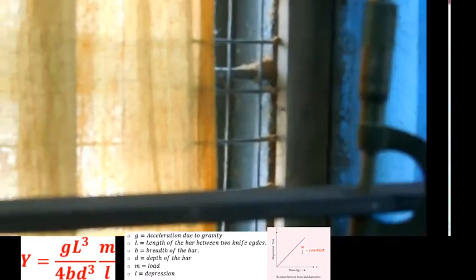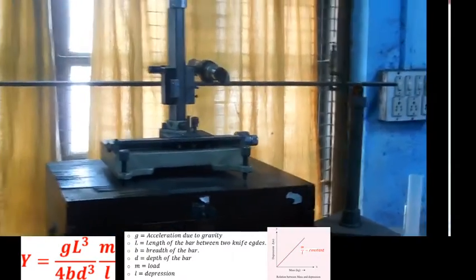Now we will read the main scale reading. The main scale reading over here is 7 millimeter, and the circular scale reading, if we see, is 8 divisions. Thus we can find out in this case also the total depth of the bar.